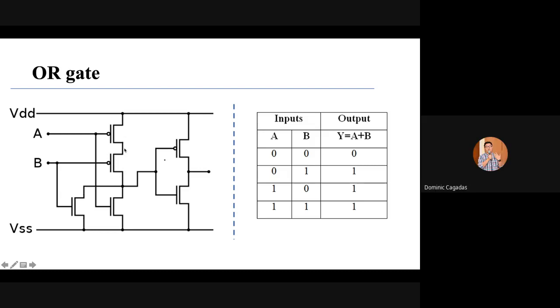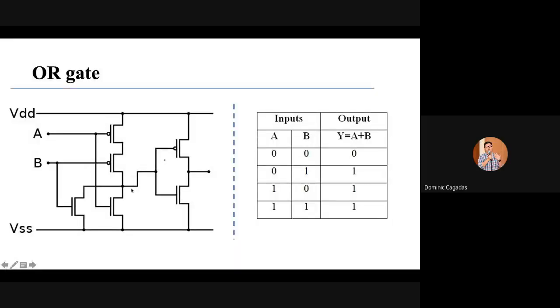Wala siya flow of current. Therefore, imong output is low. If your output here is low, this one is on or off? On. Very good. This one here is off. So your output here is high.